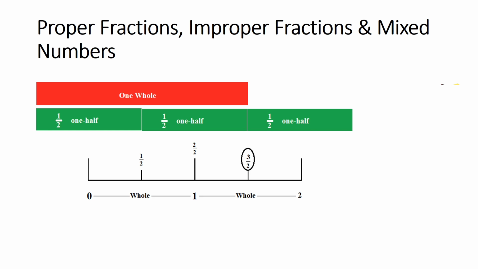Teachers should also be mindful that they can represent this 3 halves using concrete objects. For example, they may use a set of marbles. If this represents the whole, then 3 halves would be equal to 1 whole plus a half.